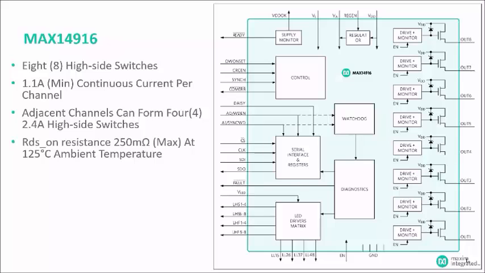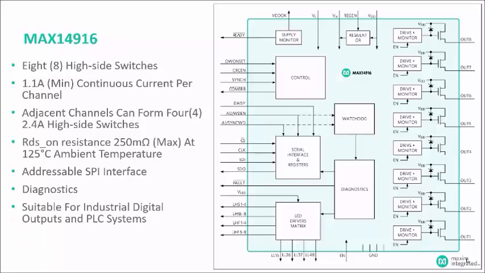The device also has addressable SPI interface for global and per channel configuration and diagnostics including under voltage detection, open wire or load detection, overload and current limiting reporting, thermal condition reporting, and more. The Max 14916 is most suitable for industrial digital outputs and PLC systems.